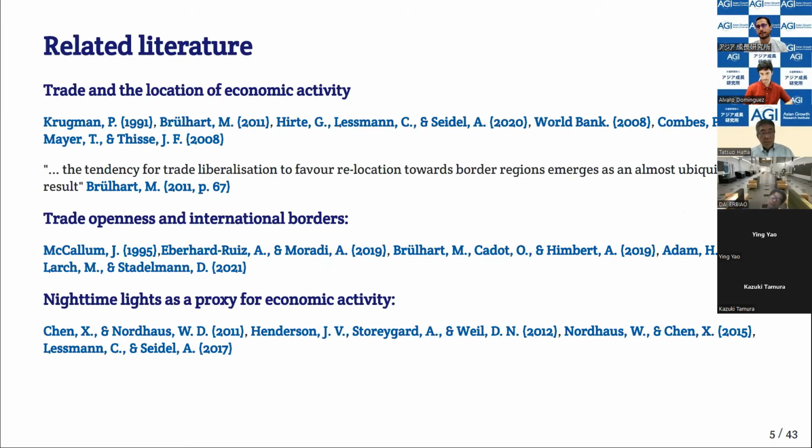Now, there is a large body of literature that tries to relate trade and the location of economic activity. If you think of economic geography and the seminal papers of Krugman, that was the main idea behind it. How does economic activity locate itself within a region, within a country, and how do these agglomeration forces shape the location of economic activity?